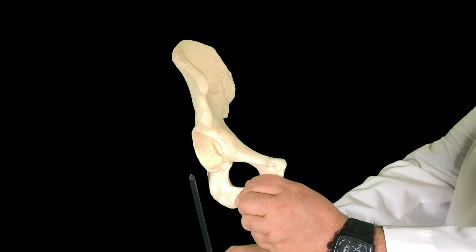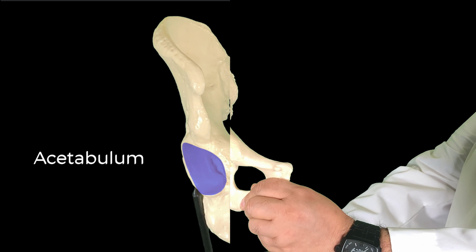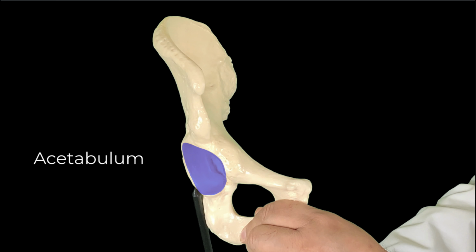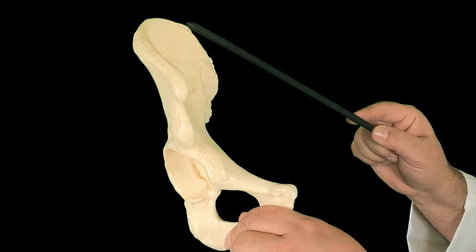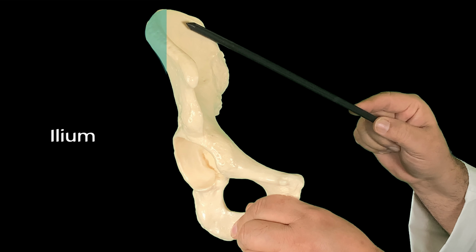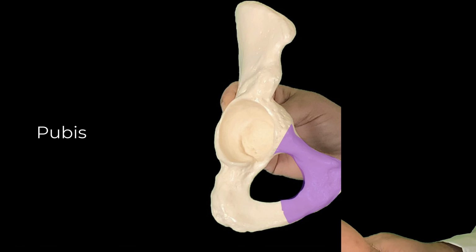Laterally placed, this cup-shaped cavity, we call it acetabulum. And this big fan-shaped part, we call it ilium. This part, we call it pubis.